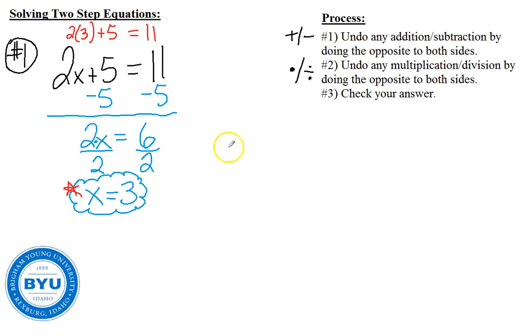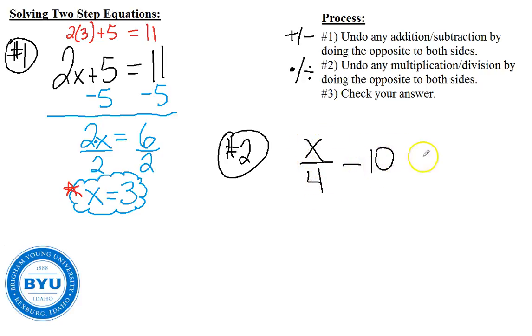Let's try another one. Here's example number 2. Let's say that we had x over 4 minus 10 equals 5. Let's solve this one. Okay, let's go to our processes. Process number 1 says undo any addition or subtraction by doing the opposite to both sides.